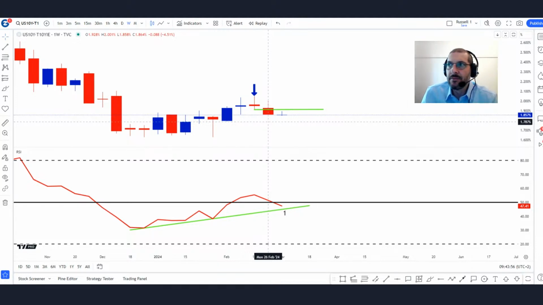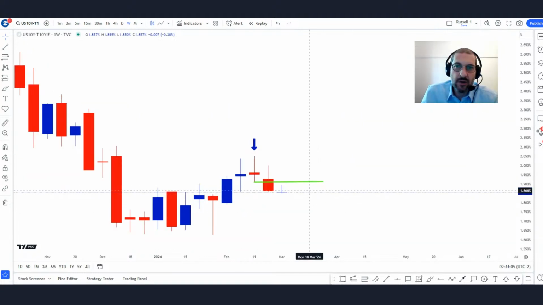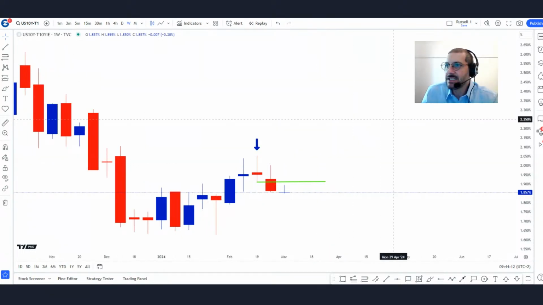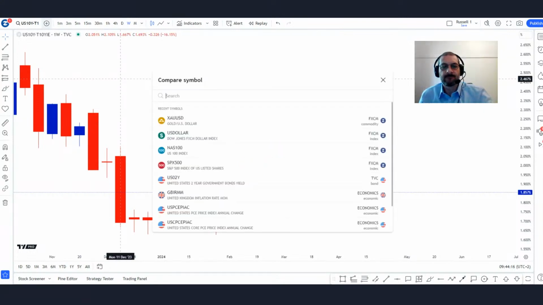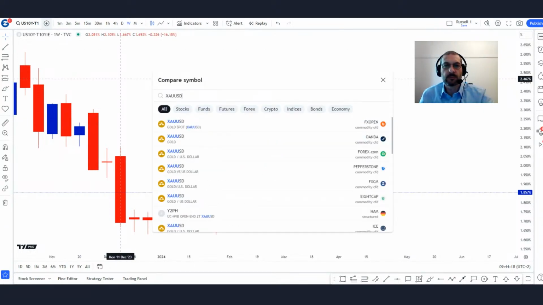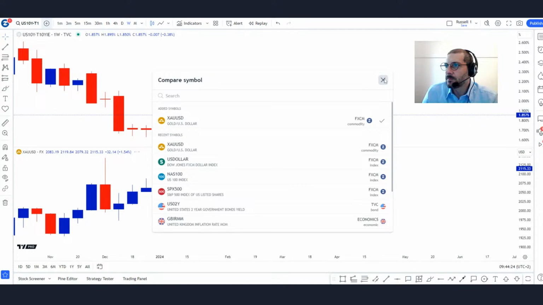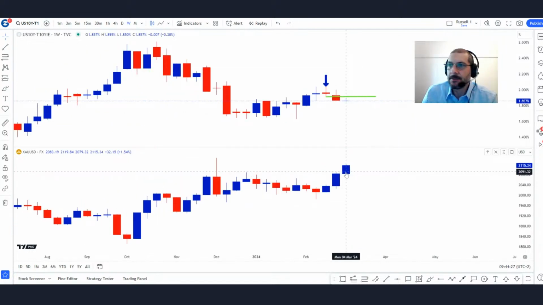Now, something that is really interesting, I'm going to take the RSI out here. And what I want to do is bring in gold. We did take a look at gold yesterday. Let's bring in gold underneath this. Okay, so here's the gold chart.